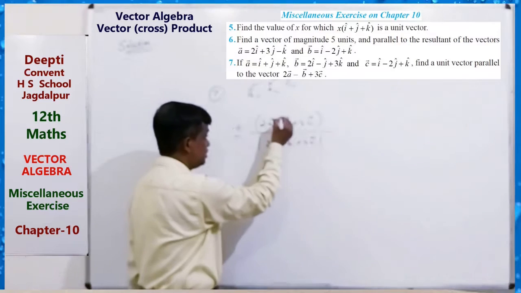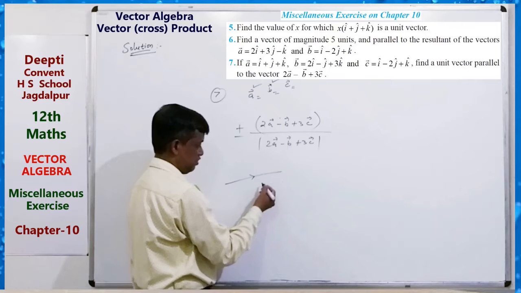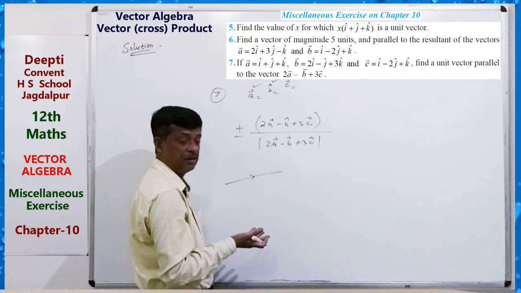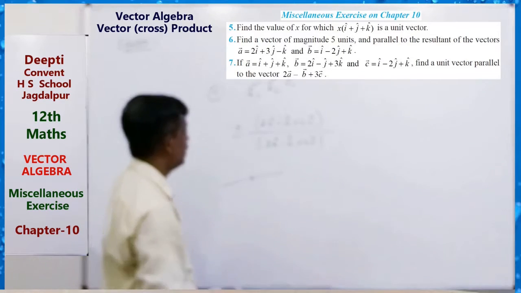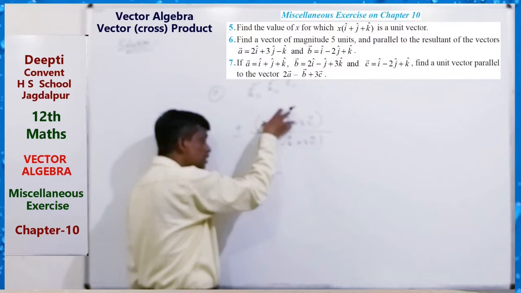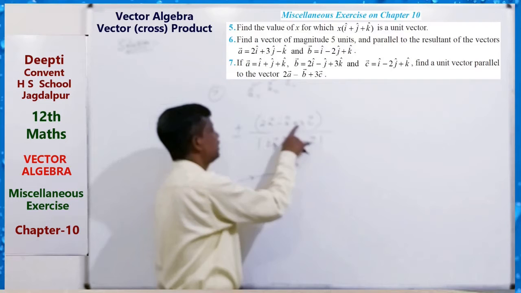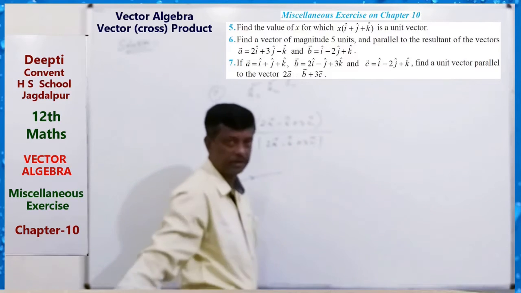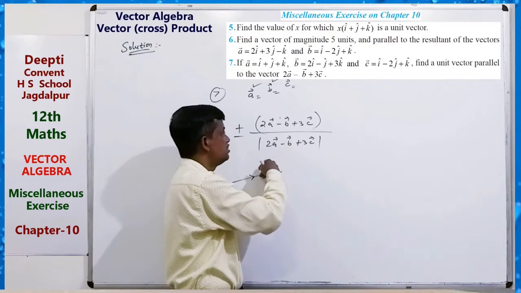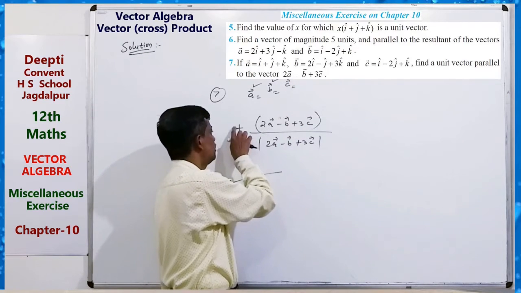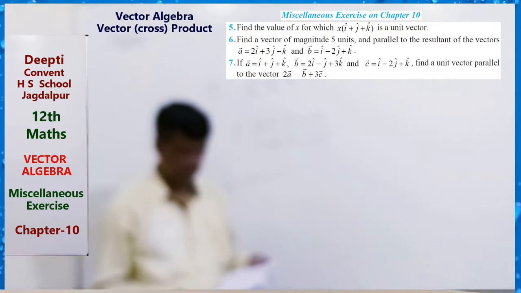Because for a parallel vector, the unit vector may be in this direction or in the opposite direction, positive or negative. So first find this vector using the 3 given vectors in terms of i, j, k, then find its modulus, divide by the modulus, and take plus or minus sign. Then you get the parallel unit vectors.